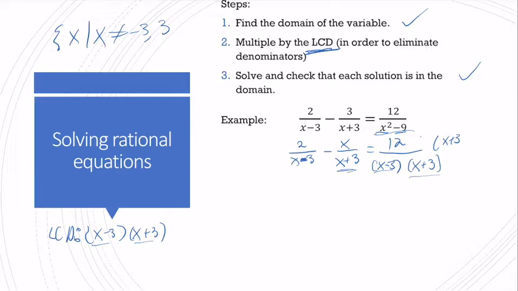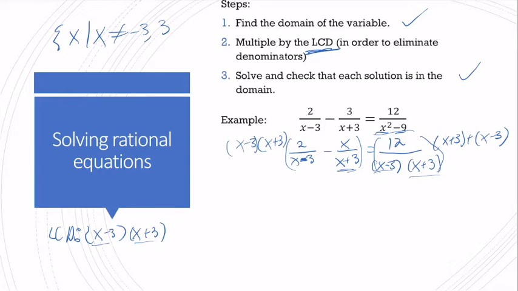So I need to multiply both sides by x plus 3, x minus 3. And when I multiply this, remember I'm just multiplying the numerators, and I'm not going to skip any steps in this example just to make sure everyone sees what's happening.